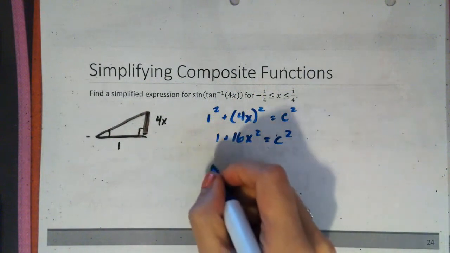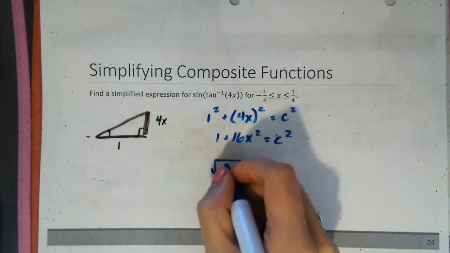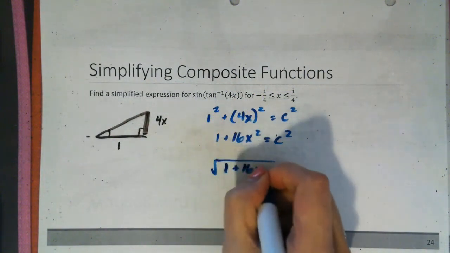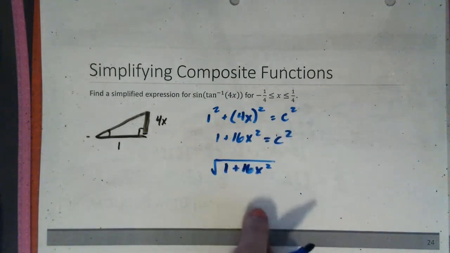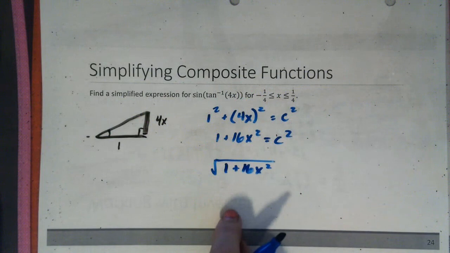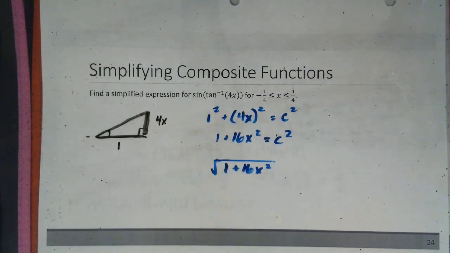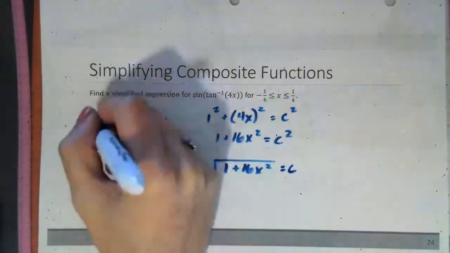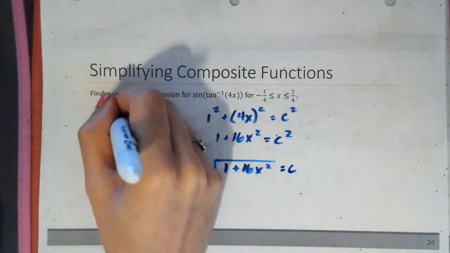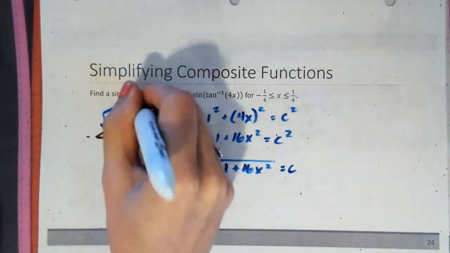So my hypotenuse is going to be the square root of 1 plus 16x squared. You cannot take the square root of those separate. It doesn't work that way. You can only take the square root as if everything is squared. So this is the square root of 1 plus 16x squared.